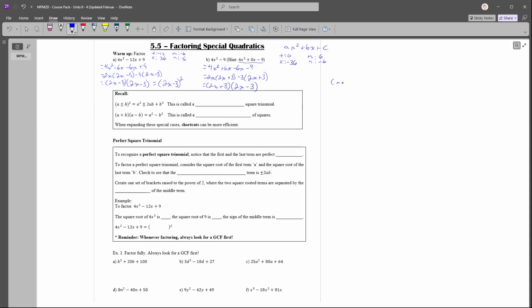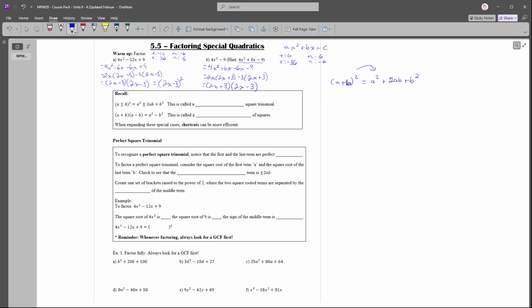If we have (a plus b) all squared, we can expand that in one step to a squared plus 2ab plus b squared. So we can go that direction in one step.